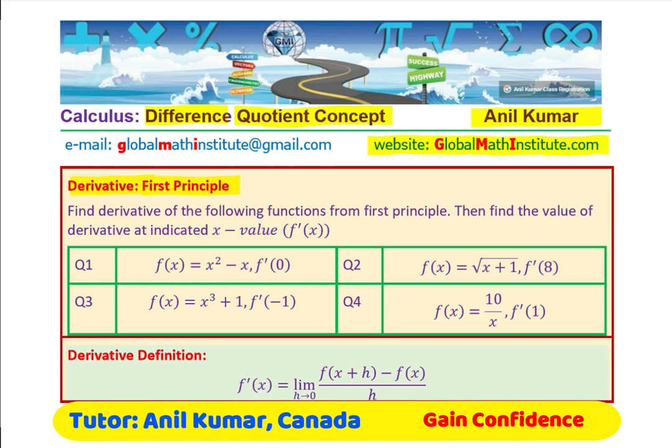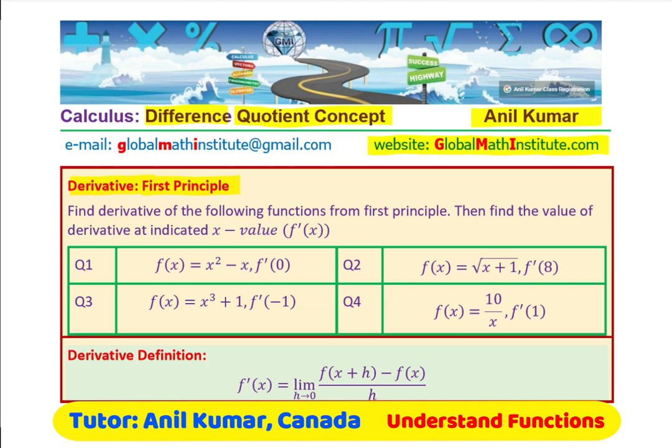Then find the value of the derivative at indicated x value, that is f prime x. 4 questions are there for you. First one is quadratic function f of x equals x square minus x, and then you find derivative at origin. Second, f of x equals square root of x plus 1.